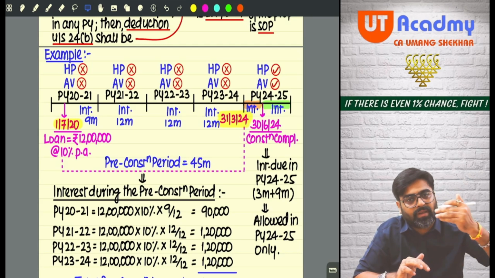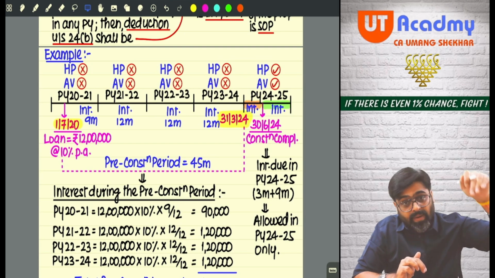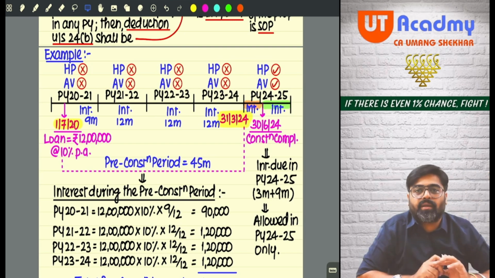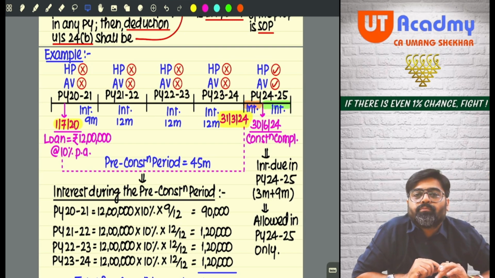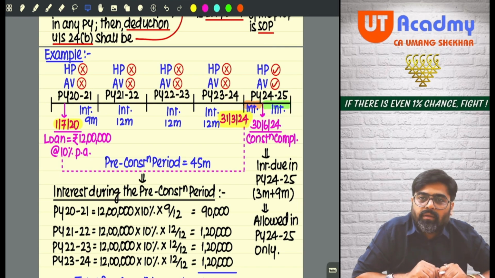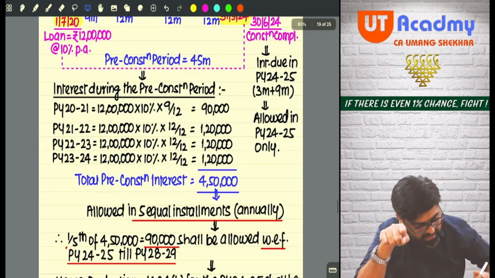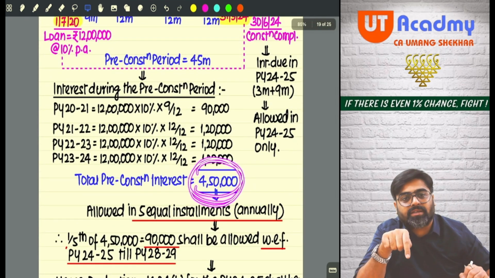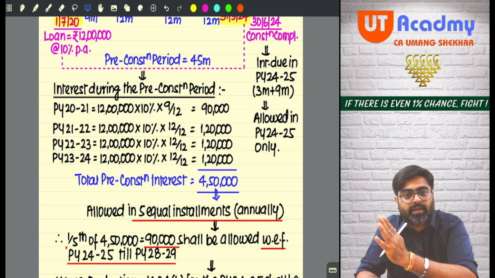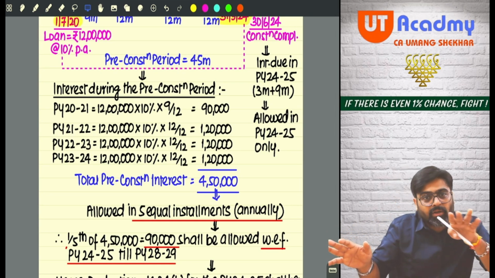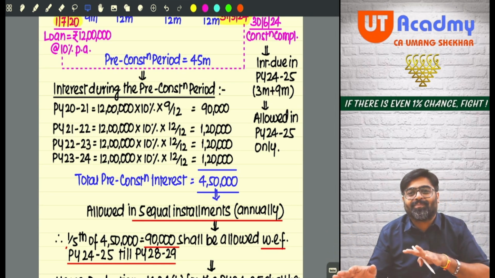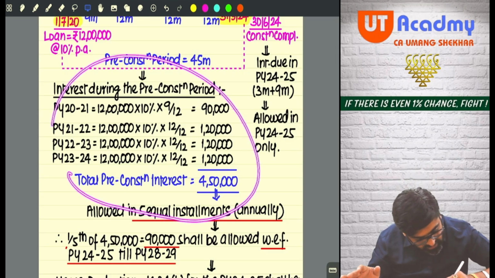So 12 lakh rupees entire loan is repaid in 24-25, 31st December. Possible, not possible? So no effect will be there on my pre-construction period. No effect will be there on my pre-construction interest, because during the pre-construction period, entire period 12 lakh loan is outstanding. So this interest will not change.